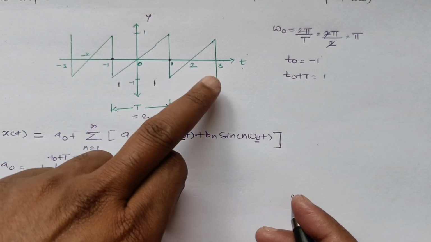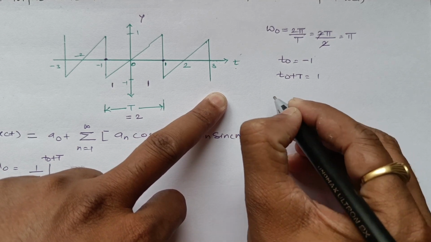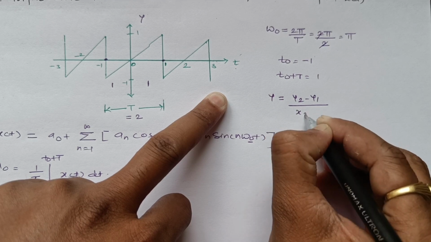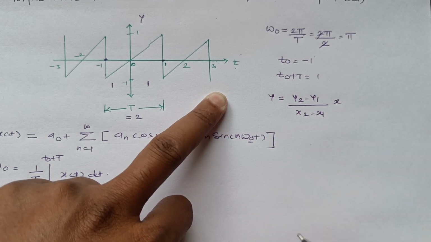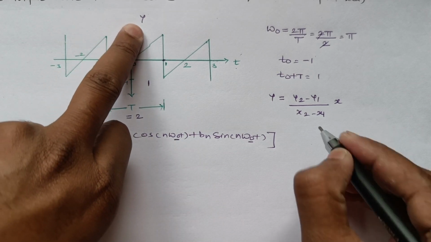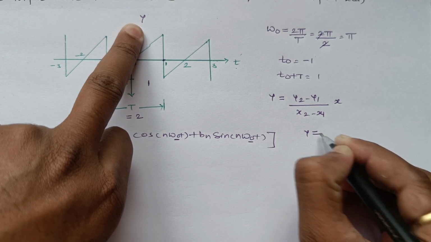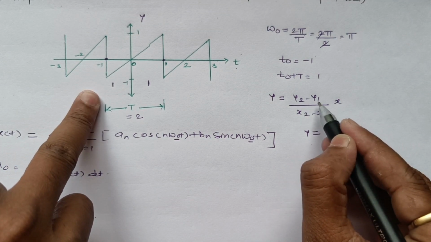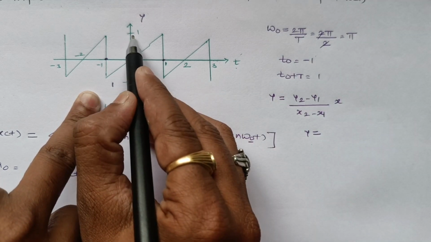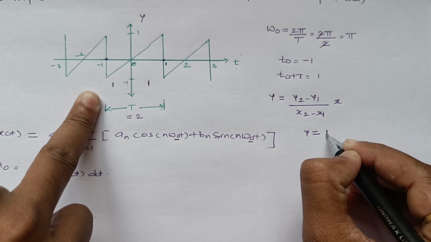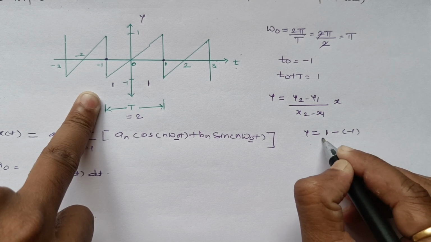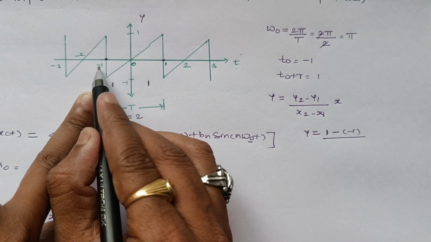So based on that, we can go for the formula of a straight line as slope, y is equal to (y2 minus y1) by (x2 minus x1) into x. At the vertical axis we have the term y, so we'll write this as y is equal to, now we have to write the values of y2 and y1. As far as y2 and y1 are considered, y2 is nothing but the upper one, that is 1, minus the lower value which is -1, divided by x2 minus x1.